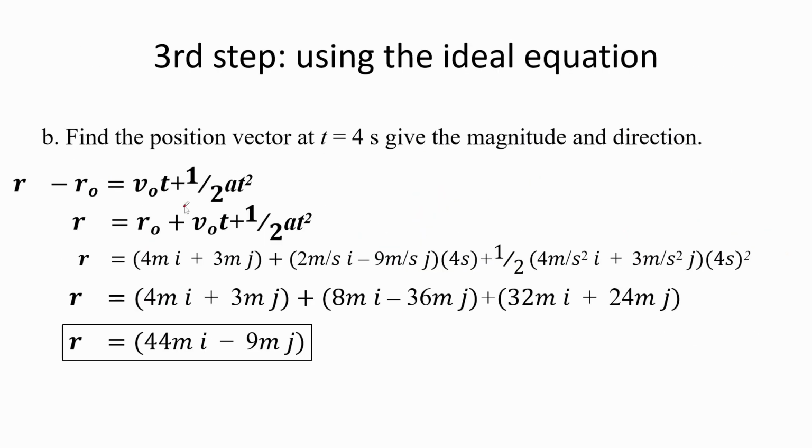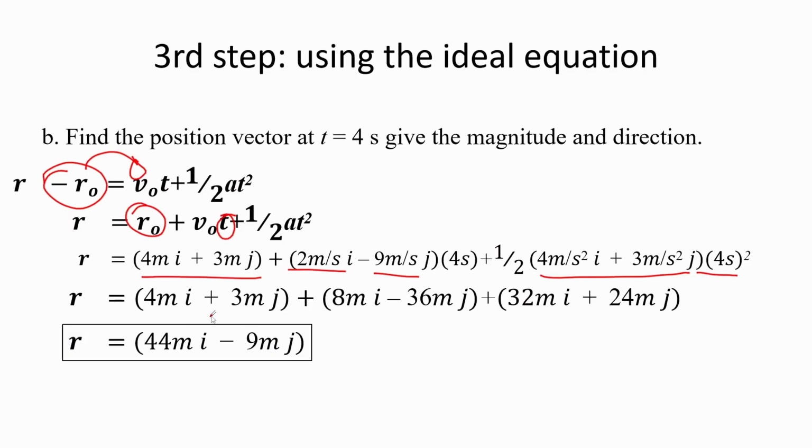So using that equation, we substitute the values. But first, we transpose ang kaning negative R naught to the other side, so it becomes a positive. So R naught, if you remember, is 4 meter i hat plus 3 meter j hat plus, kanina yun siya, ang V naught nimo 2 meter per second minus 9 meter per second times the time t, 4 seconds, plus 1/2 acceleration na vector is 4 meter per second squared plus 3 meter per second squared times 4 seconds squared.